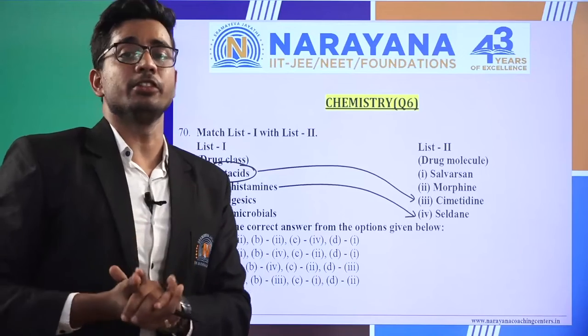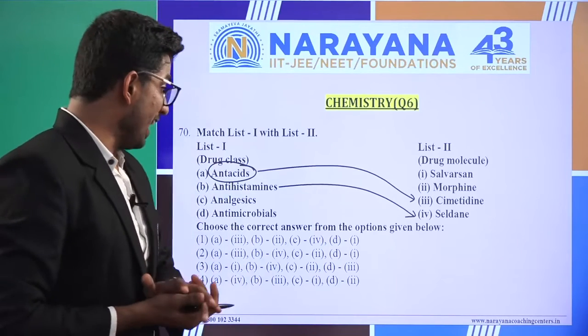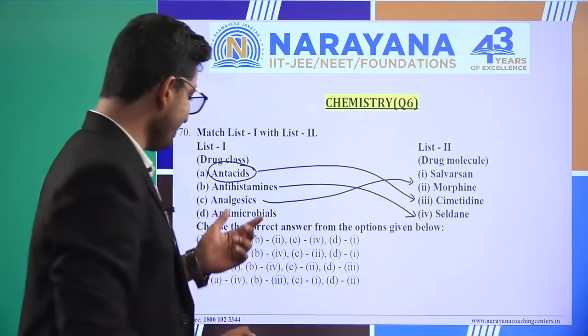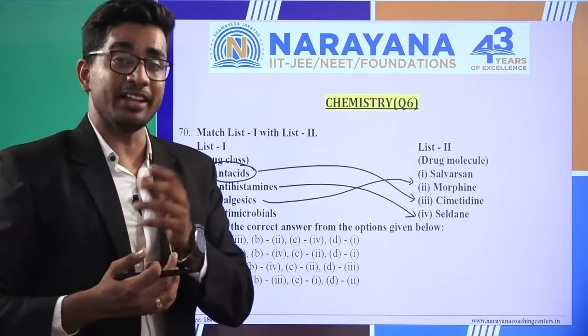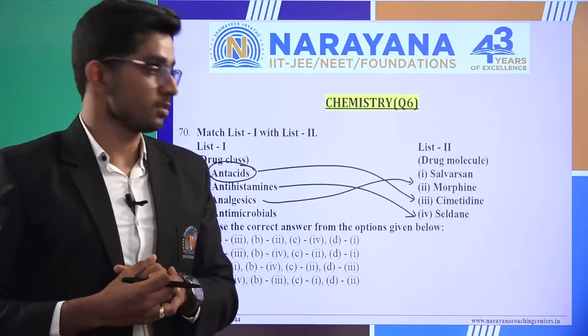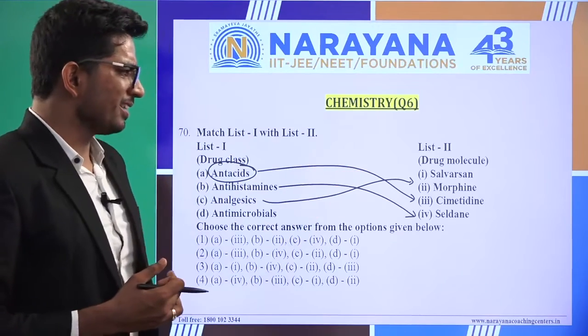Analgesics are the pain relievers, and that is definitely going to be morphine. Antimicrobials kill or inhibit the growth of microorganisms, so this will be salvarsan.